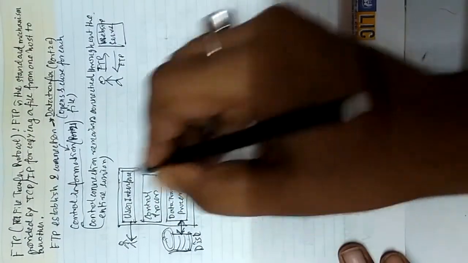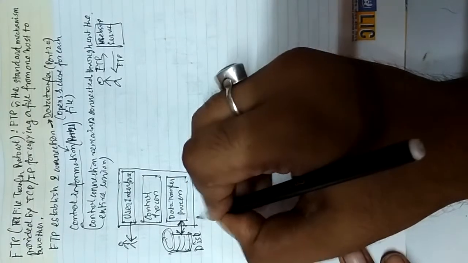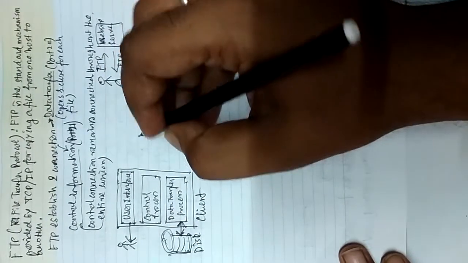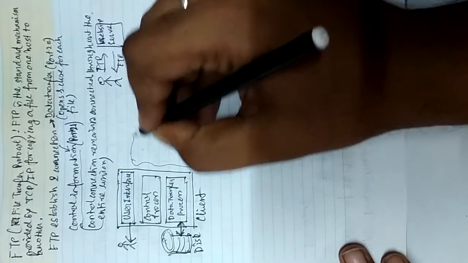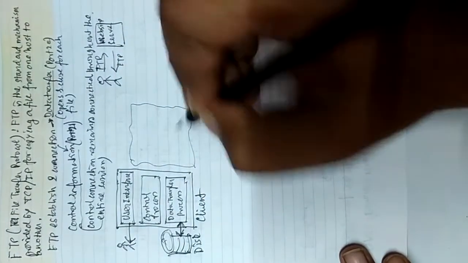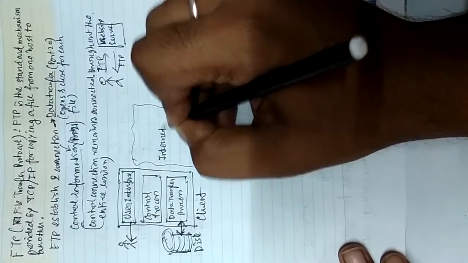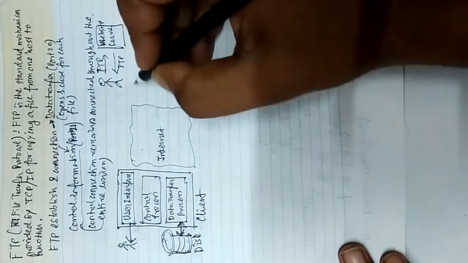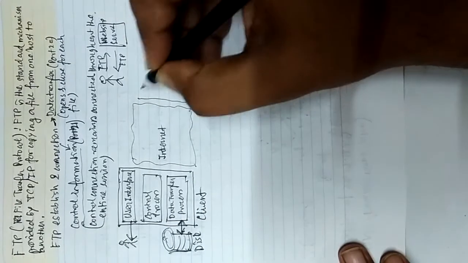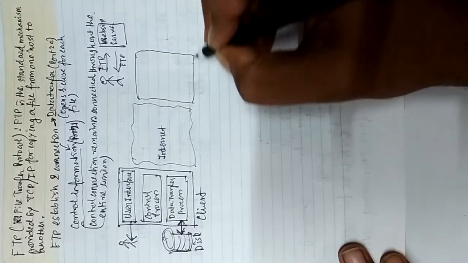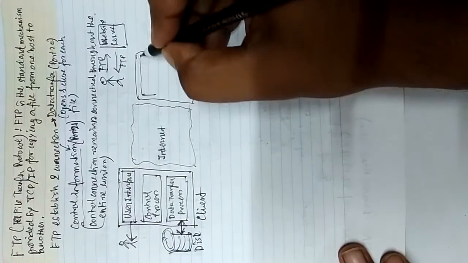This part is the client, and there is the internet, and let us draw the corresponding server. In the server there are also two parts.